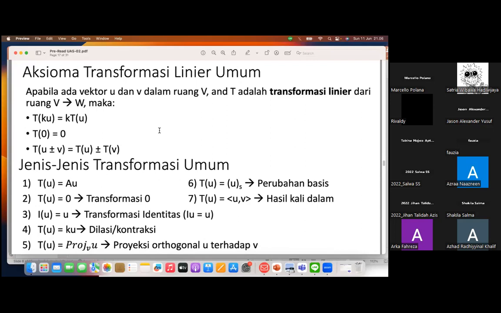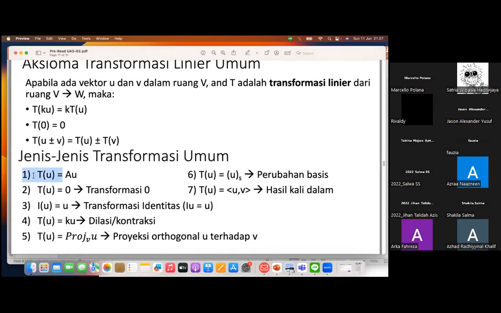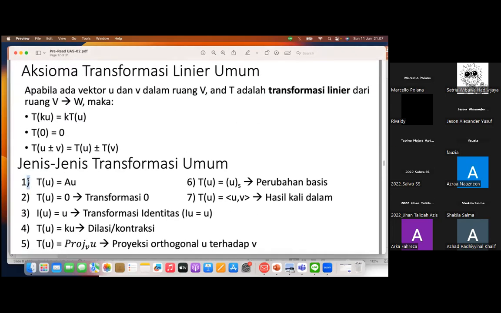These are the axioms for a linear transformation. For a transformation to be linear, it has to fulfill these 3 operations, especially this and this, or depending on the question, because usually the question gives you which axiom you need to prove. And these are types of transformation.